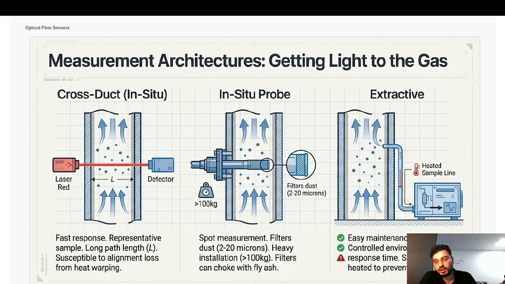And this is where light-based gas detection comes into the picture.